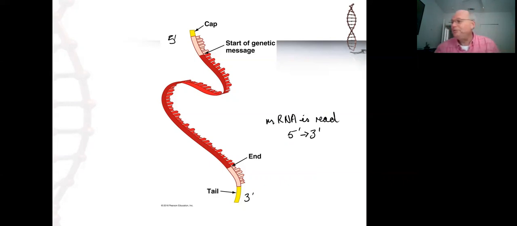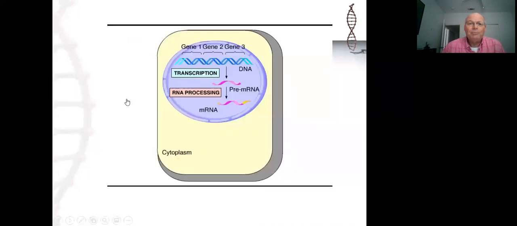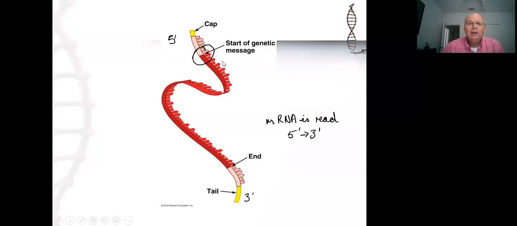It is the presence of the cap and this short sequence of nucleotides that identify this as the start point for the gene, for the ribosome. So once it identifies that this is the starting point for the gene, the small subunit attaches at this point, locating itself adjacent to the start codon.